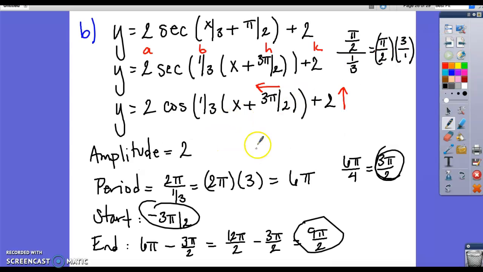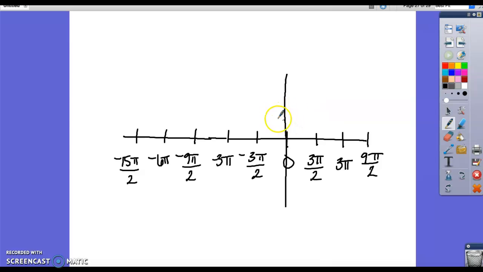I have an amplitude of 2, however, I do have a vertical translation of 2 as well. That means my midline, I'll draw it in green, moves up to y equals 2.